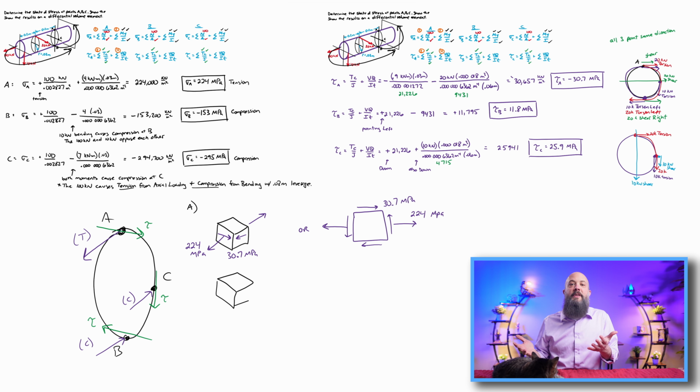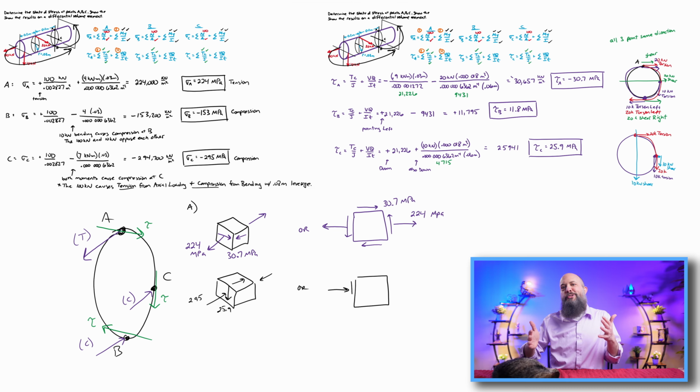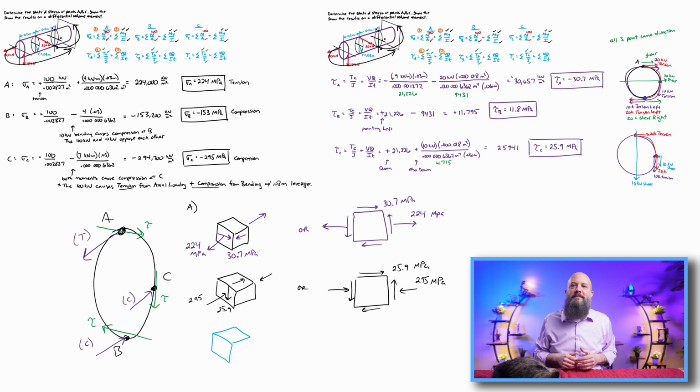Repeat the same thing for point C, where I've got, again, compression forces, and that front surface has a downward pointing arrow. So again, now I can draw this as a Mohr circle type problem, looking at it from the right side this time, where I've got compression forces squeezing in, and that right-hand side arrow is pointing upwards.